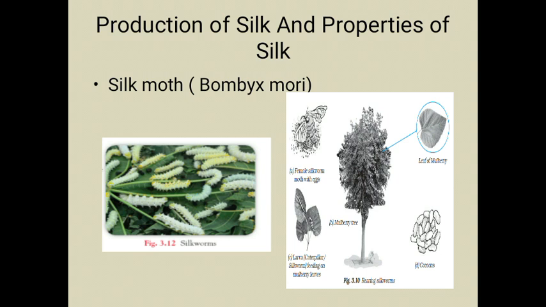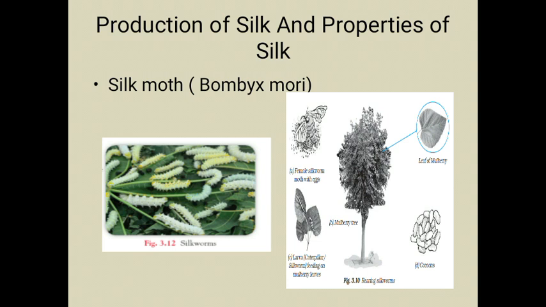All of you have seen silk materials or silk sarees which have luster and shine. So what are the properties of silk fiber? Silk has many qualities which set it apart from other fibers.